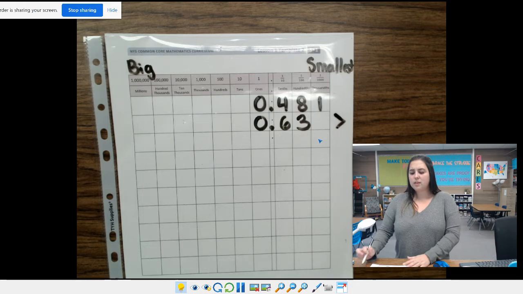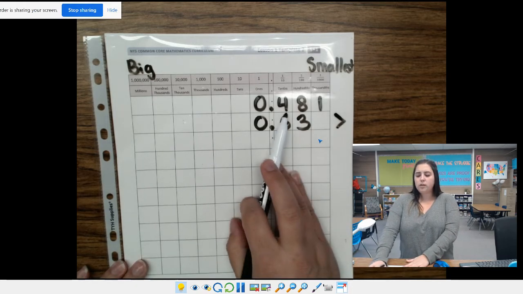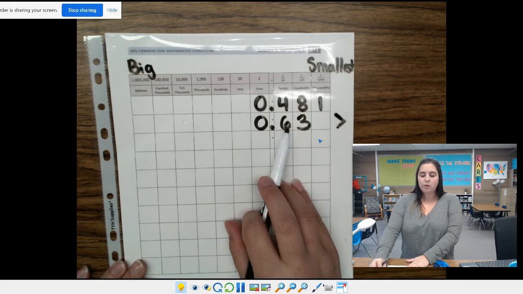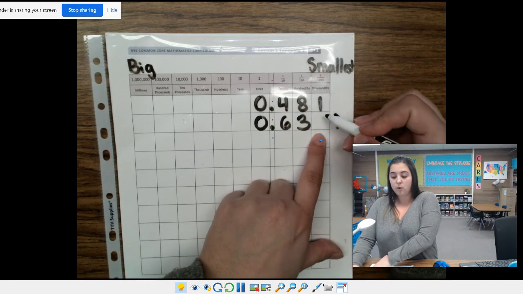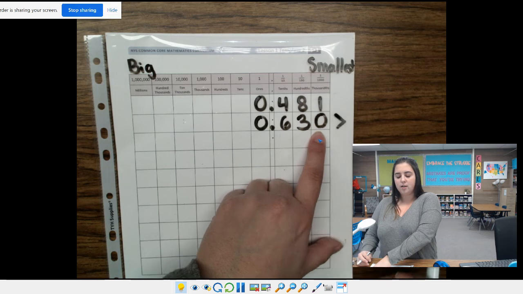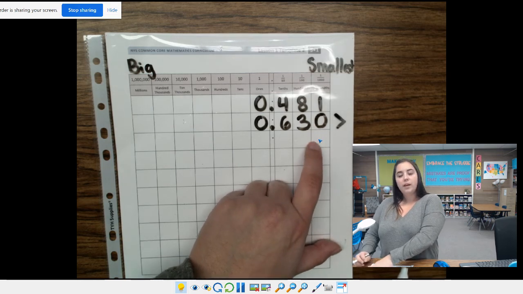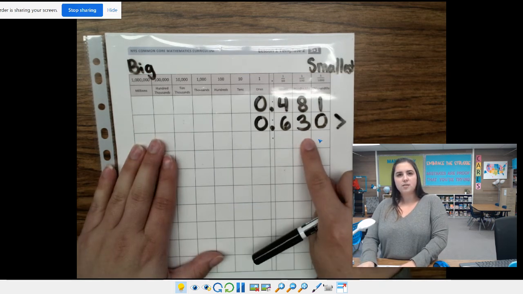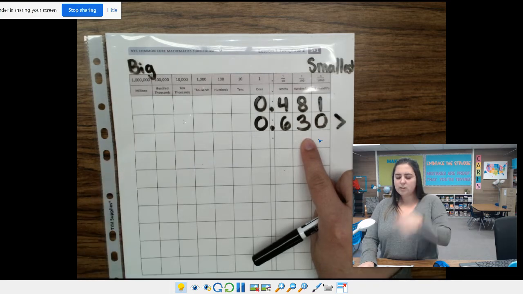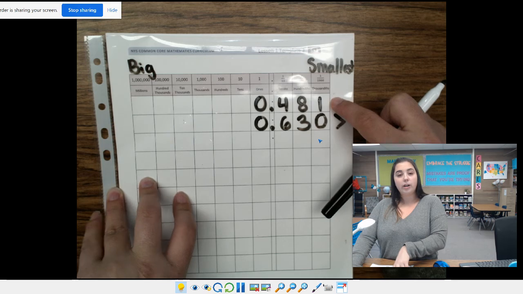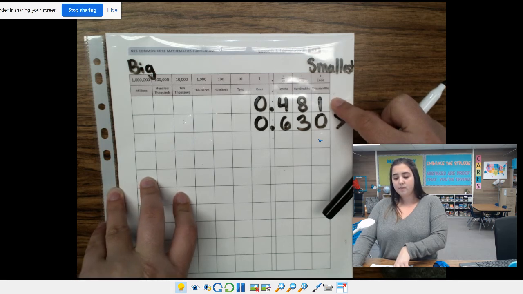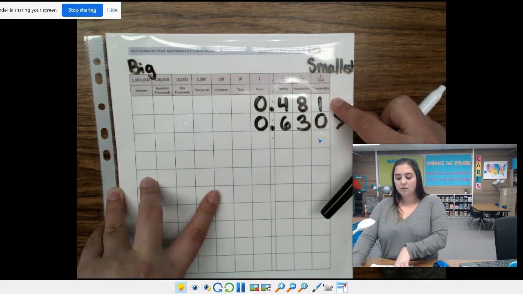How is that possible considering that top number has 3 digits and the bottom number only has 2? Let's add a 0 here since I don't have any thousandths. I can have a placeholder there. Now we have 3 digits and 3 digits. Is it easier to see why 630 thousandths would be larger than 481 thousandths? Yeah, I think so.